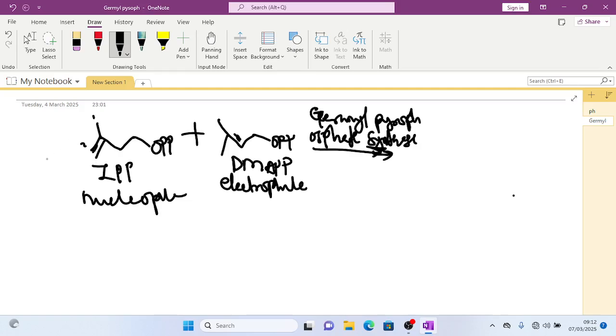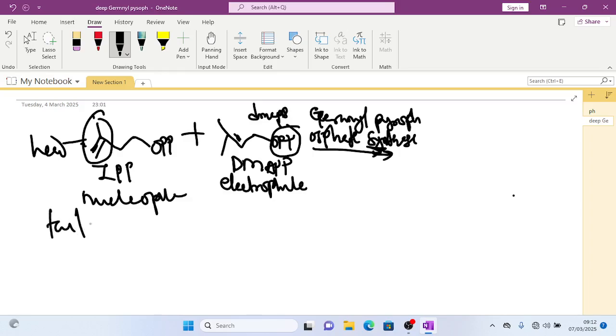So pretty much, this is how the condensation process is a head and a tail condensation. This is the head. It's going to combine with the tail of DMAPP. So I'll say the condensation is a tail-head addition reaction.